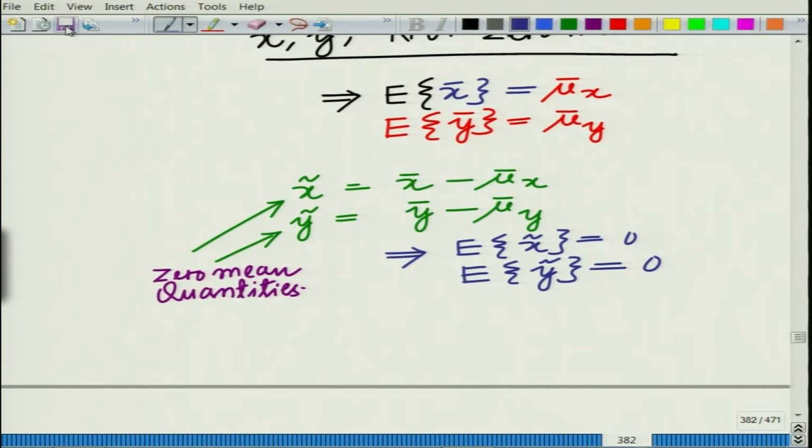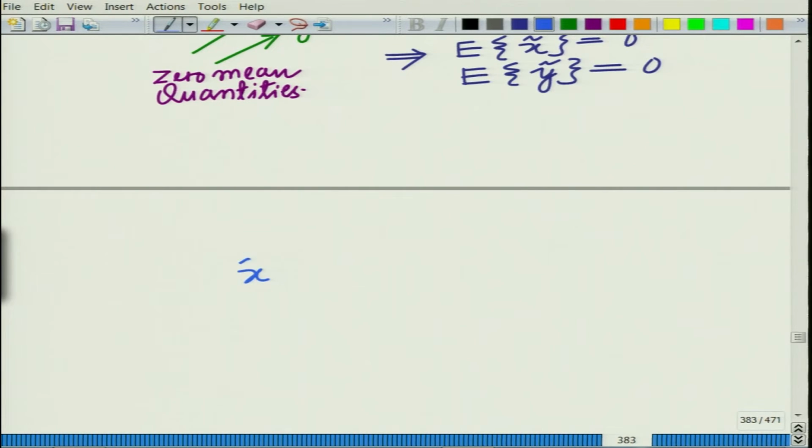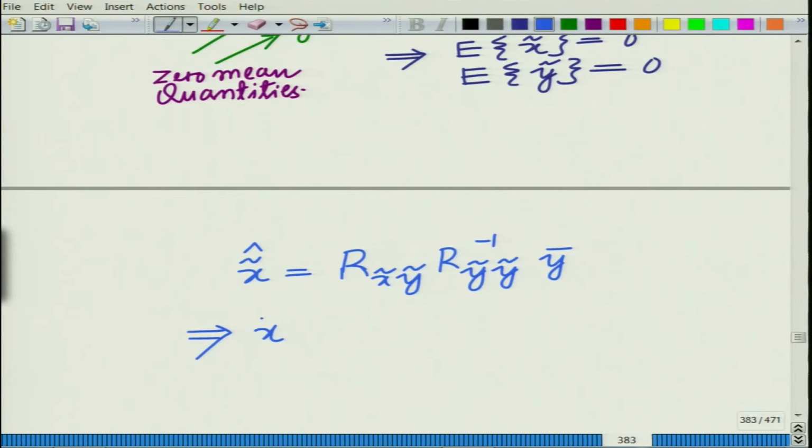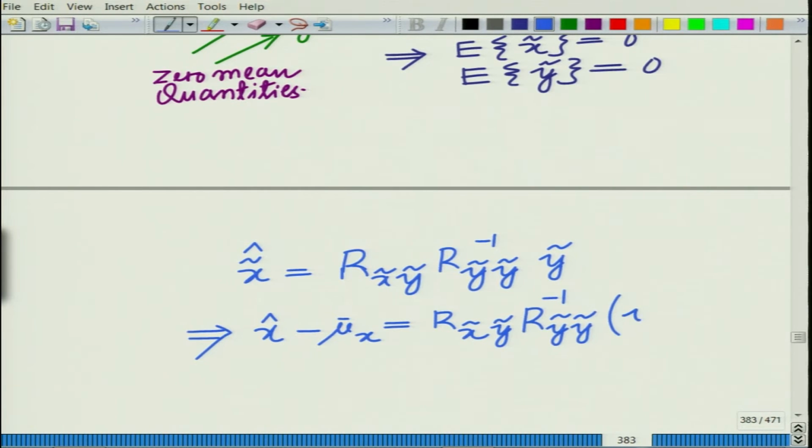So, we can use our LMMSE estimator that we have just derived for the 0 mean quantities, and therefore, I can write the estimate x tilde hat as R_x tilde y tilde times R_y tilde inverse times y tilde, which is nothing but, writing this as x hat minus mu bar x, equal to R_x tilde y tilde R_y tilde inverse times y bar minus mu bar y.